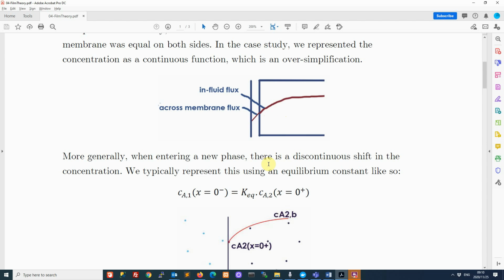Now, the situation is slightly different if the difference between these phases is not so clear. So if this is a membrane, let's say it's a porous membrane, and when we say porous, we mean that there are pores in this medium.